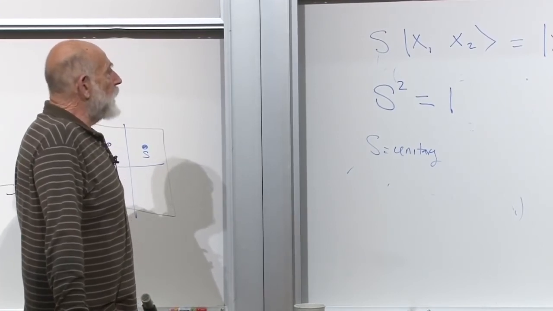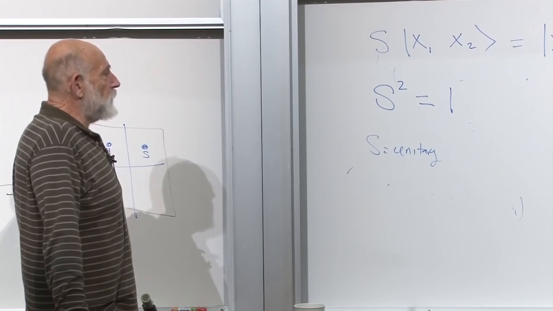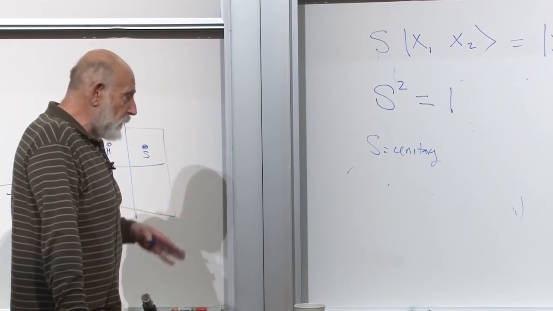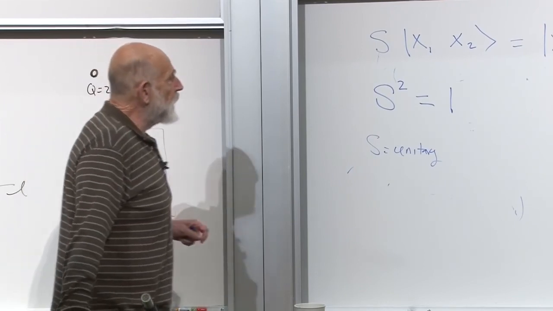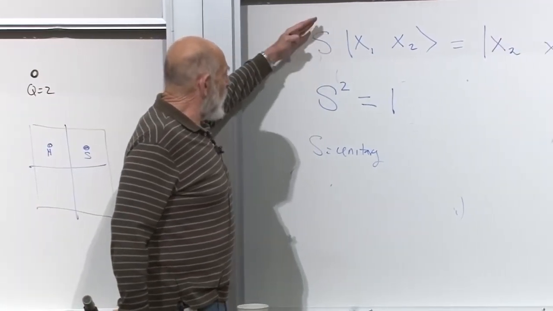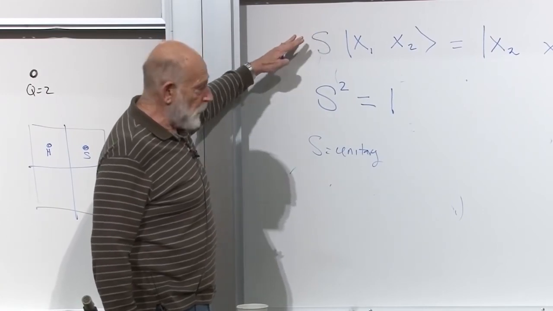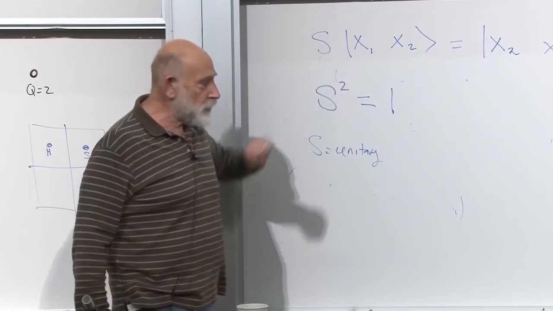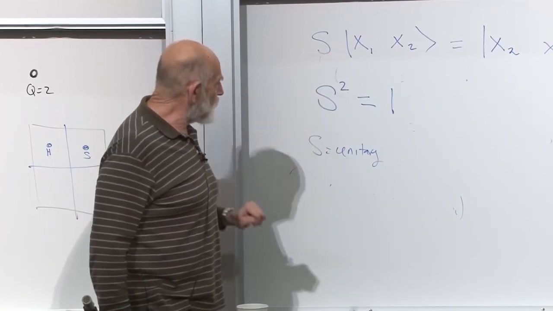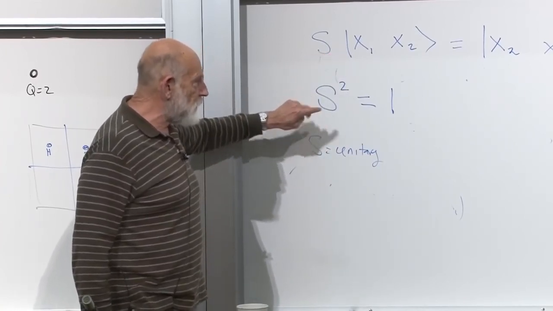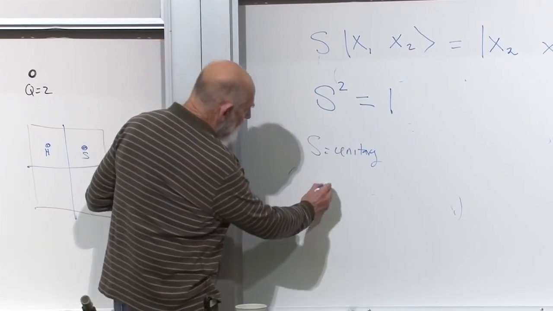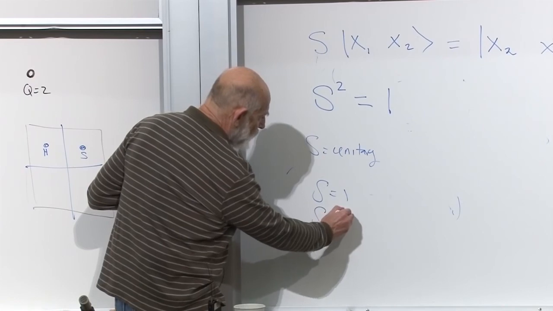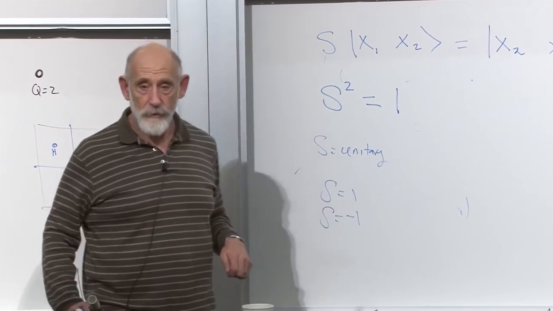The new principle is that identical particles, they could be photons, they could be electrons, whatever, for a specific kind of particle, the wave function when you interchange two particles always comes back to the same wave function, if S is equal to 1, or comes back to its negative if S is equal to minus 1.